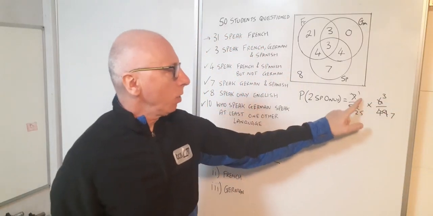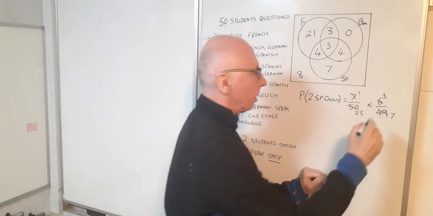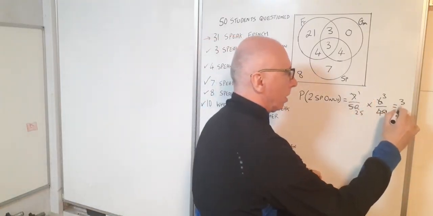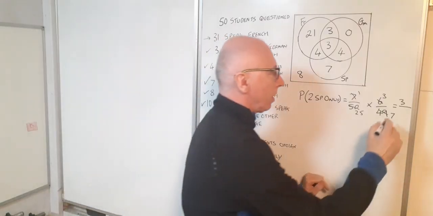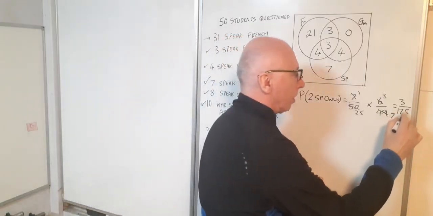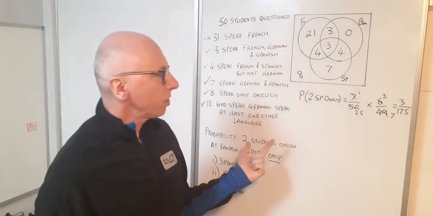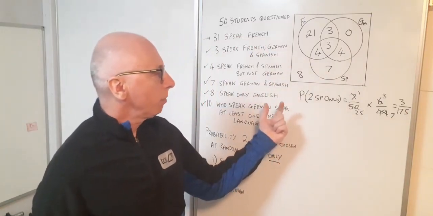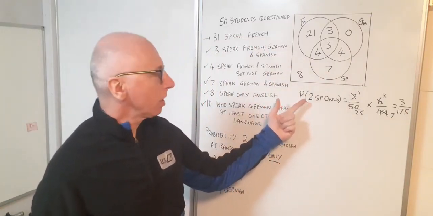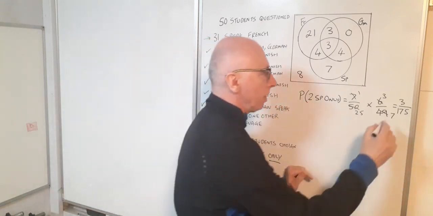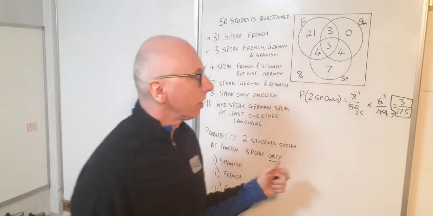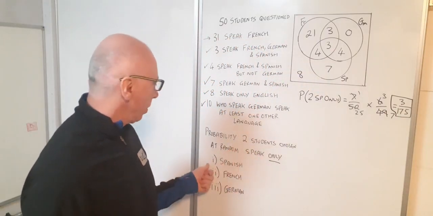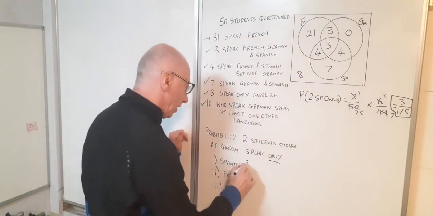So now I've got 1 times 3 is 3, and 25 times 7 is 175. That will not simplify any further. So the probability 2 people speak Spanish only, chosen at random, is 3 out of 175. So that's my first question taken care of. Let's put that in here.